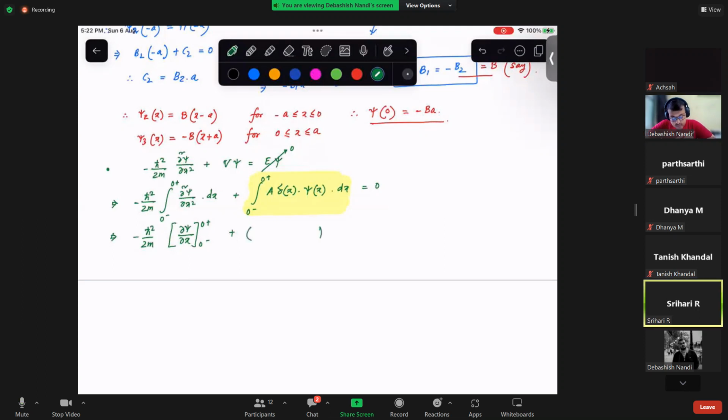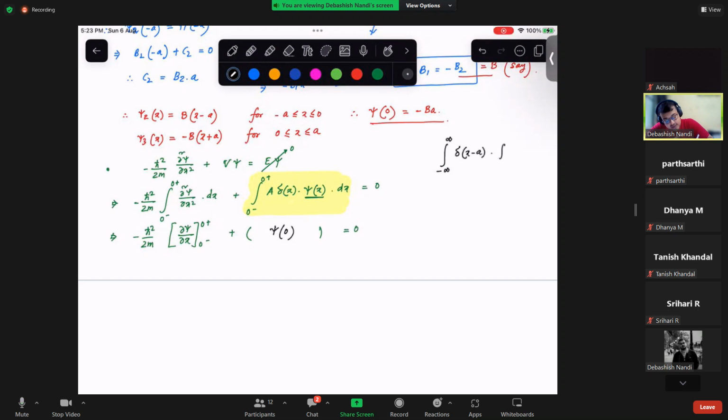It is 1, sir. Why should it be 1? There is a function of x, right? So psi of 0. So if you didn't get it, suppose you have the integral of delta function of (x minus a) into f of x dx, this becomes f of a. This is the property, remember?